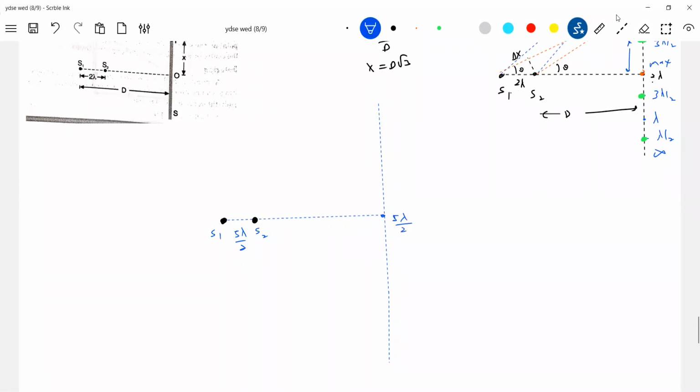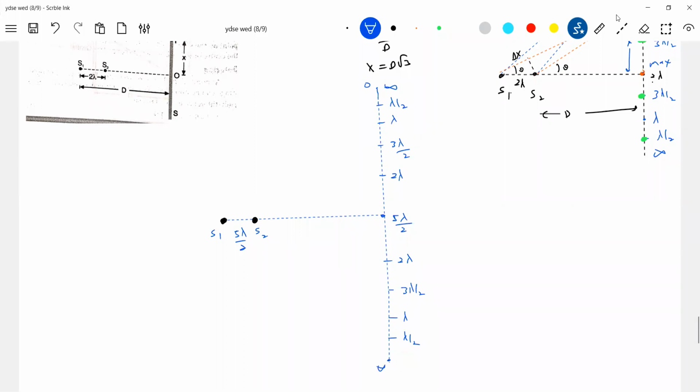Next, at infinity the path difference will be 0. After 5 lambda by 2, what do you get? You get 2 lambda, then 3 lambda by 2, then lambda by 2. It can happen, so they can test you with a question like this also. This will be 2 lambda, 3 lambda by 2, lambda, lambda by 2, and this will be 0, which occurs at infinity.